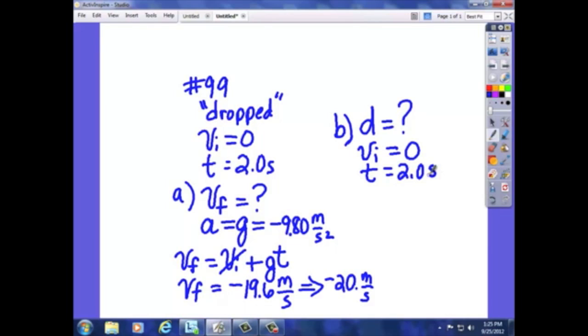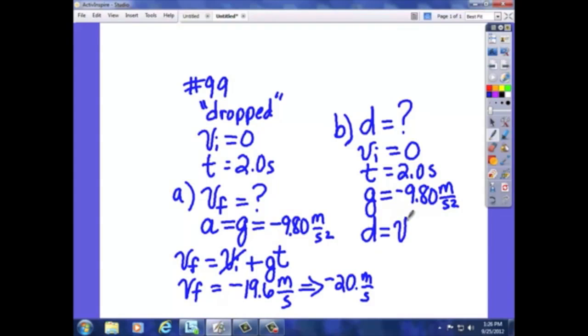And I'm not going to use my final velocity because there might be a problem with that, but I do know that the acceleration is due to gravity at negative 9.80 meters per second squared. So I choose my motion equation based on displacement, initial velocity, time, and acceleration. So I can work with the third motion equation.